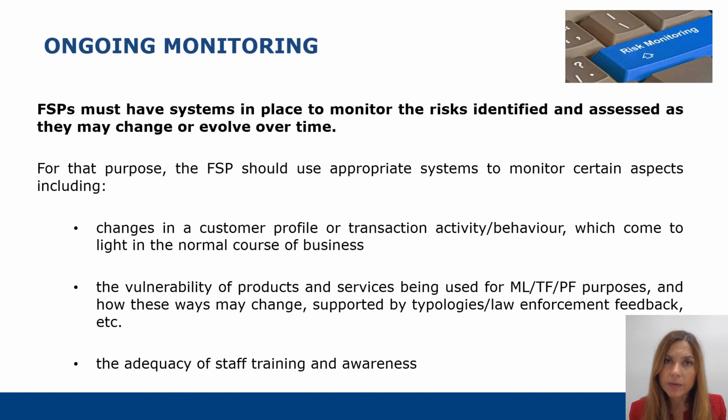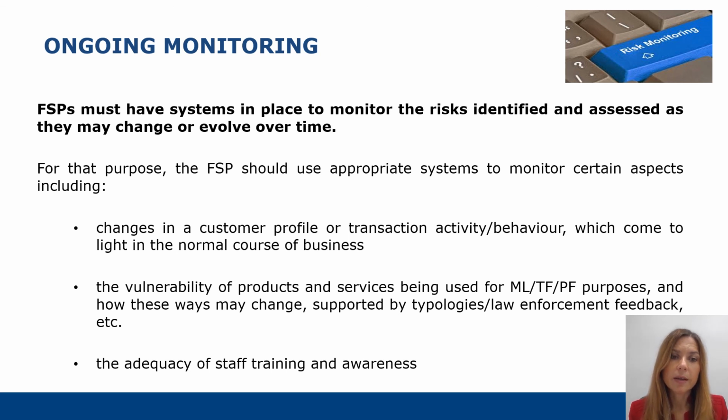So it's important that financial services providers have appropriate systems to monitor certain aspects of their client transactions. This includes changes in a customer's profile or transaction activity or behaviour, which come to light in the normal course of business, but also the vulnerability of certain products and services being used for money laundering or terrorist financing purposes, and how these may change, supported by typologies, law enforcement feedback.